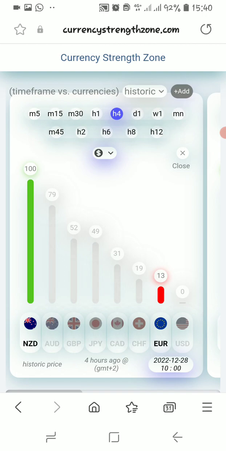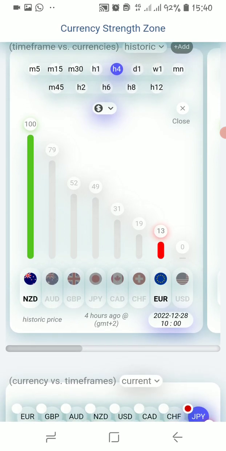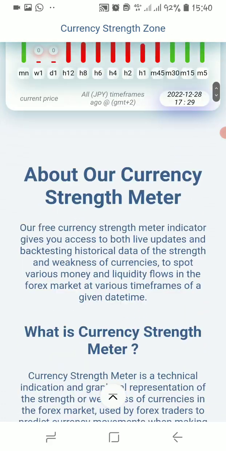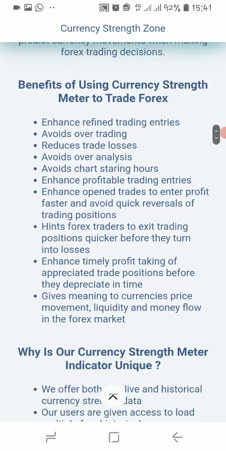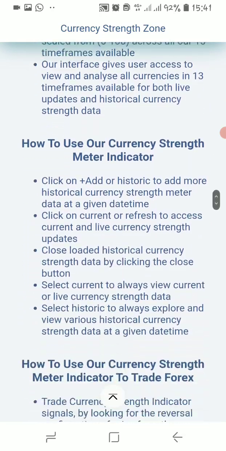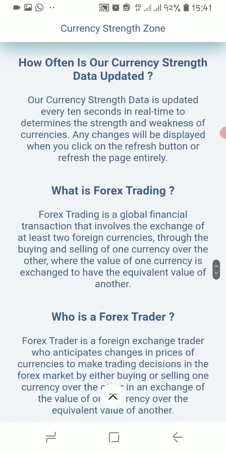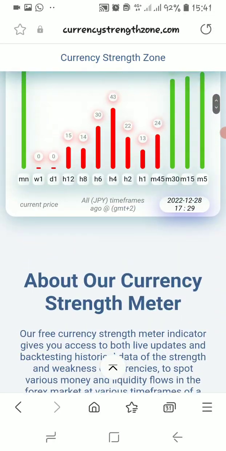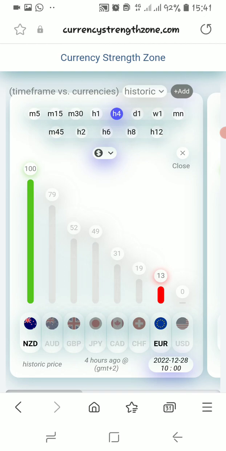A 1 hour candlestick is only useful when it closes, but over here we don't depend on candlestick closure. We calculate in real time, 1 hour ago, 4 hours ago, or whatever. You can go through the descriptions over here in order to use it better.